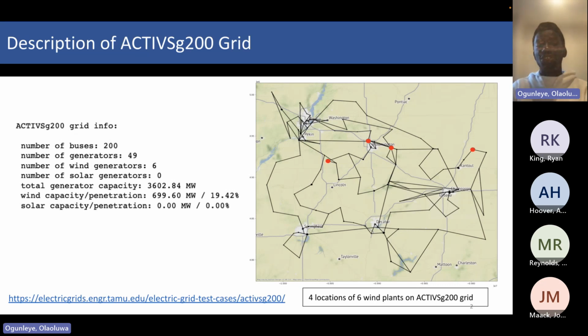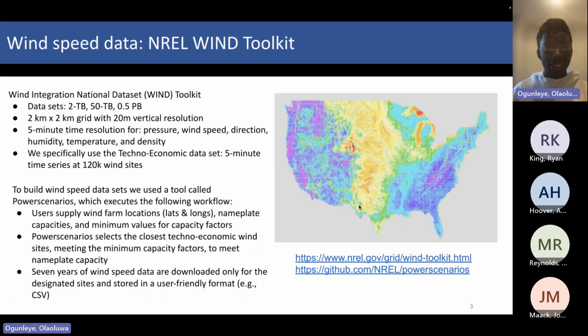The total generating power there is 3,602 megawatts, and the total wind capacity on the grid is 699 megawatts. This grid is over central Illinois. There are 4 locations, each containing 2 wind plants, and they are the spots in red on the picture over here. Okay, now let's move on to the data sets.